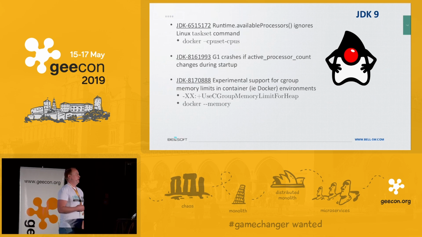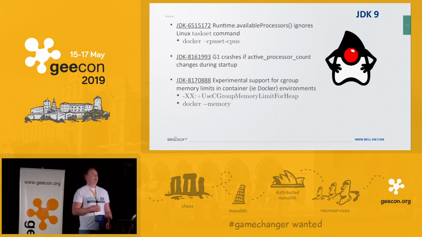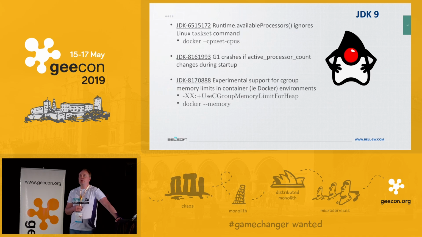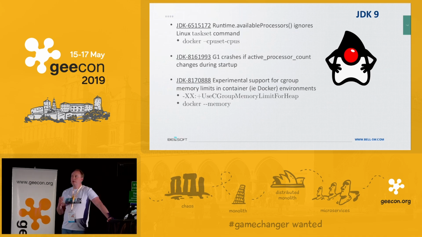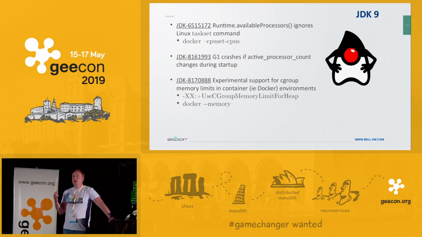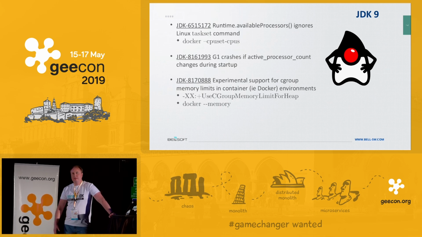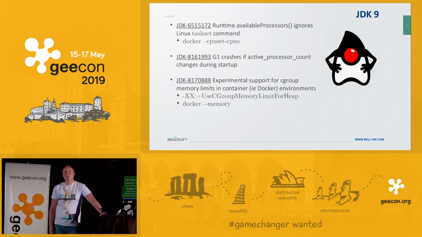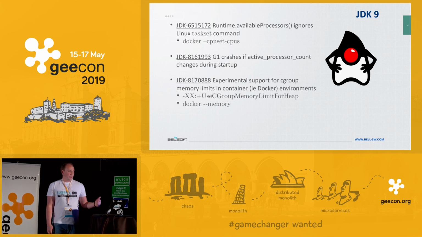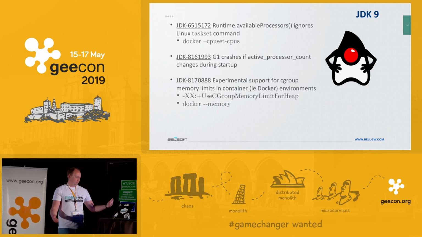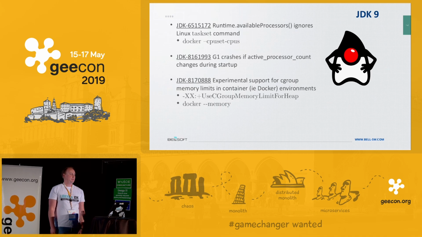Specifically in Java, the number of available CPUs has an influence on so many things: on third-party libraries, on the number of GC threads, on the default thread pool, on the number of compiler threads, a lot of things.